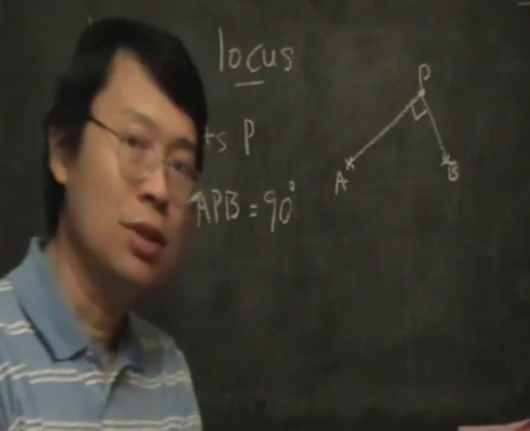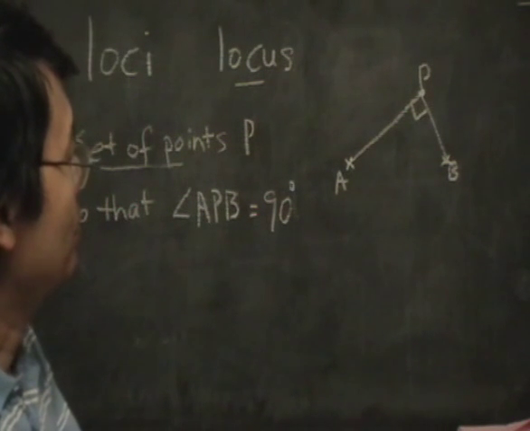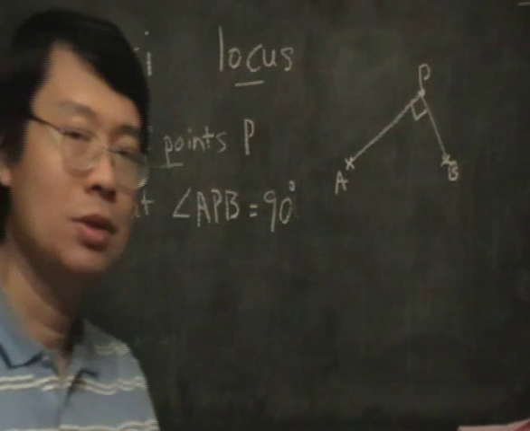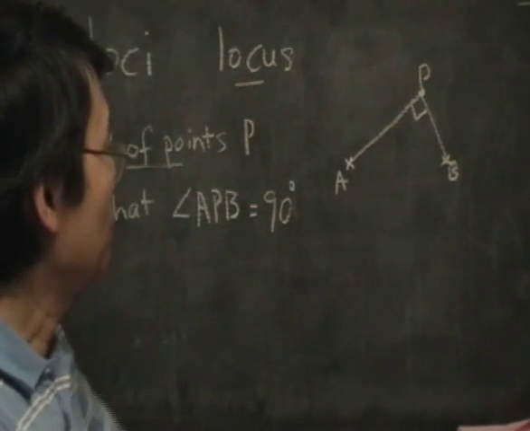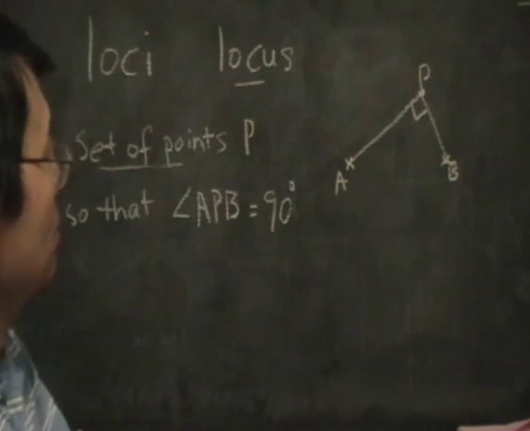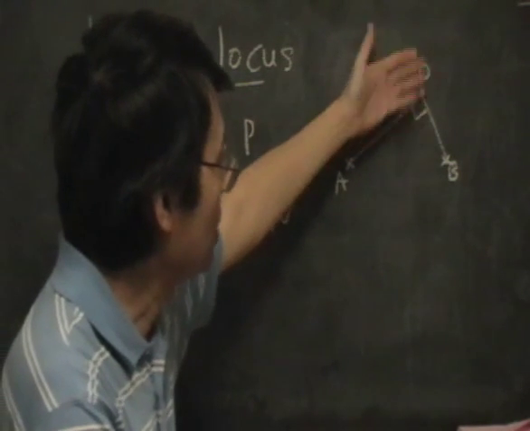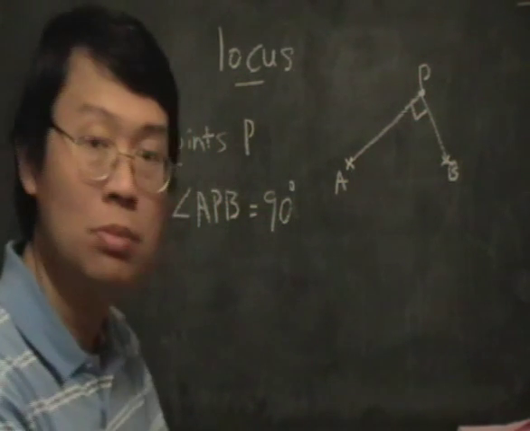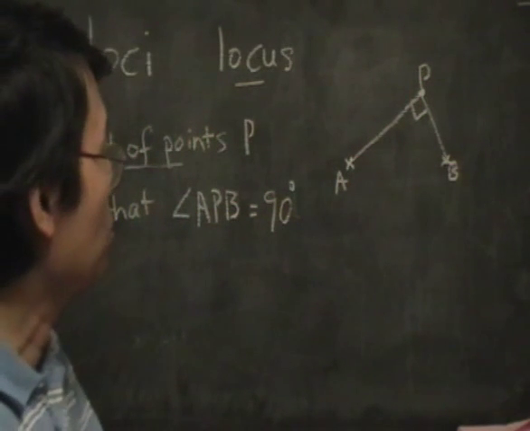Now that's actually quite tricky. Can you think of another point that gives a 90-degree angle like that? Or maybe you can put P at the bottom, just flip this angle to the bottom and that's another point.